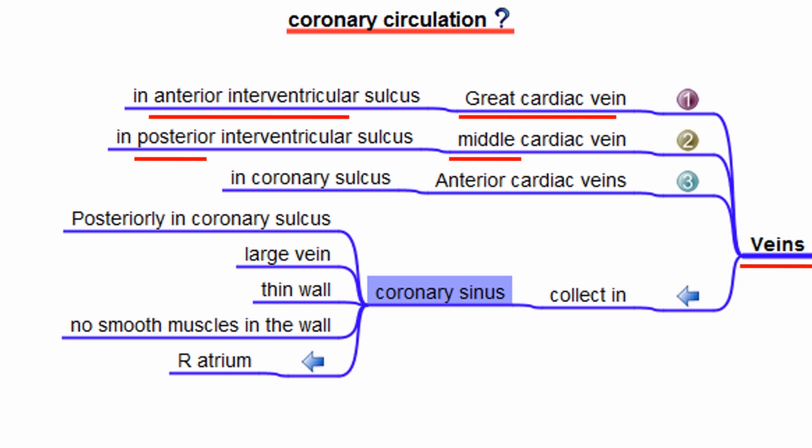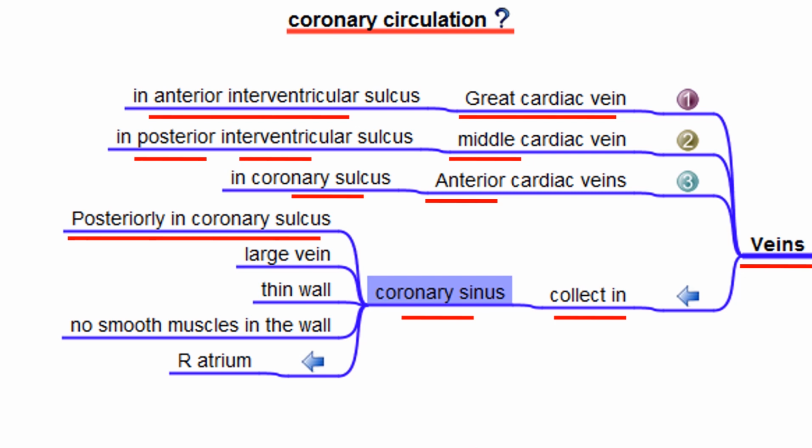So we have the great cardiac vein, the middle cardiac vein, and then the anterior cardiac vein, which runs in the coronary sulcus between the atrium and the ventricle. All these veins collect and create a large vein called the coronary sinus. Where do I look for the coronary sinus?